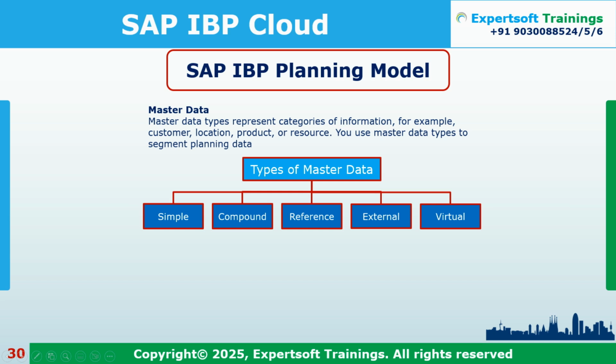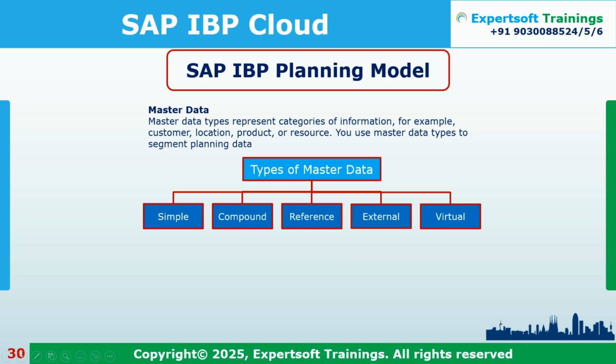When will this be useful, sir? When you have a source system like S4HANA, this external master data will majorly be used for order-based planning. In IBP there are two types of planning: one is time series planning, and the second one is order-based planning. In the order-based planning only, we'll use the external master data.